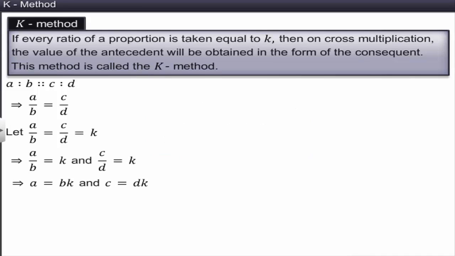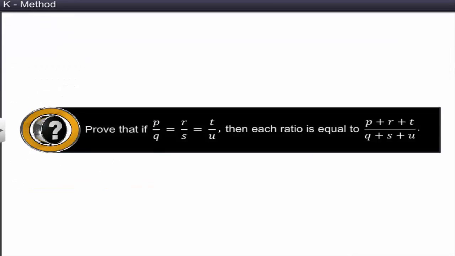Now, on substituting the value of A as BK and the value of C as DK, the given equation can be solved easily. For example, look at this problem.